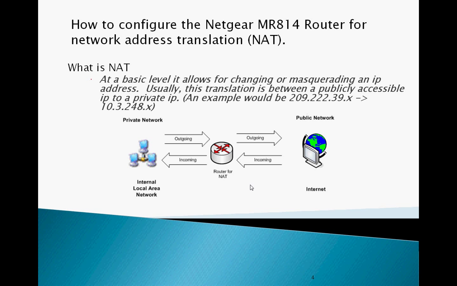So you'd have the traffic coming from the internet side at 209.222.39 coming through this router, being translated to a machine on the internal local network side at 10.3.248.